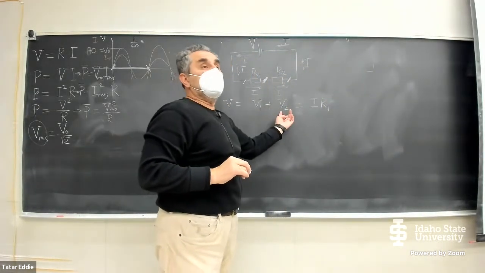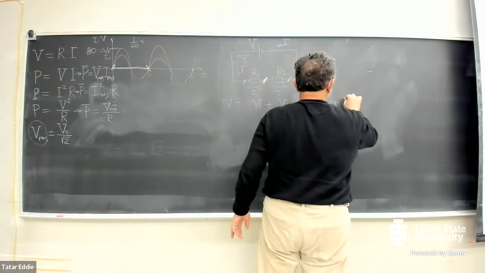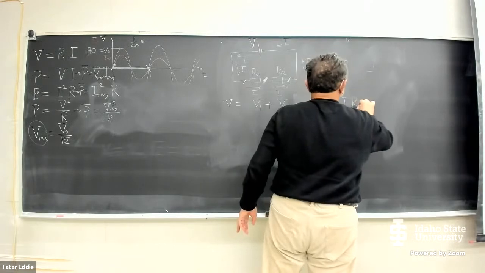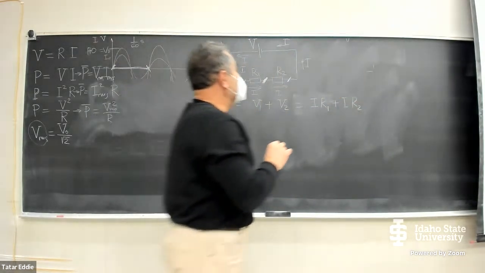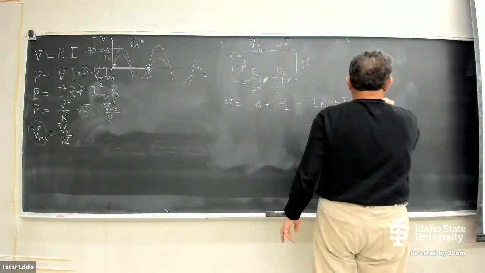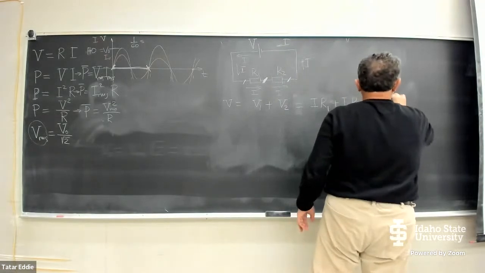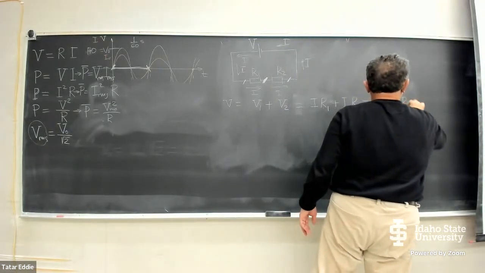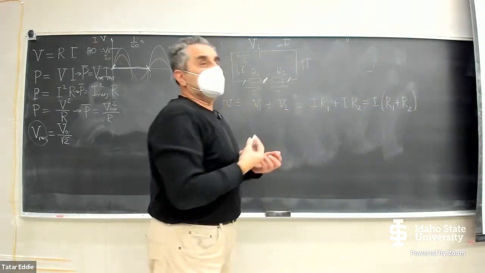The same thing about the voltage across the second resistor. It is also going to be current times the value of the second resistance. And you can factor out the common factor of the current, and in the brackets you're going to have the sum of the two resistances.